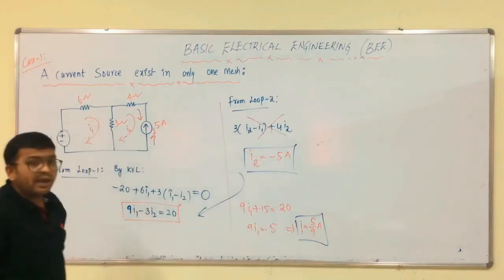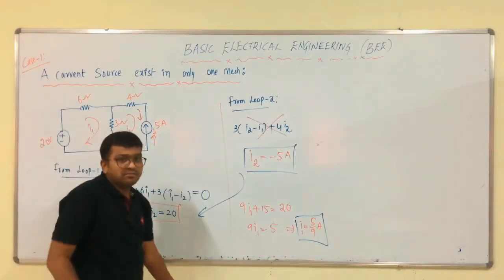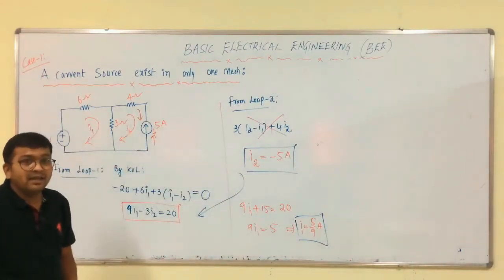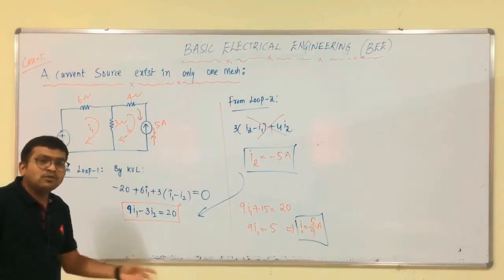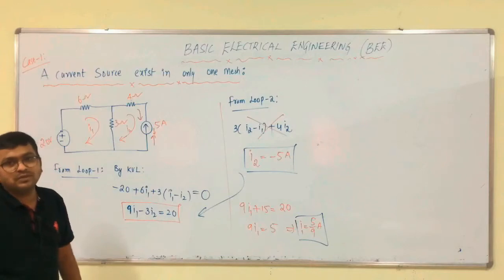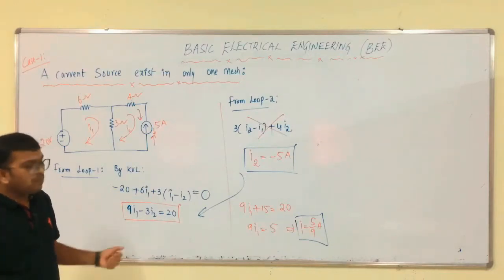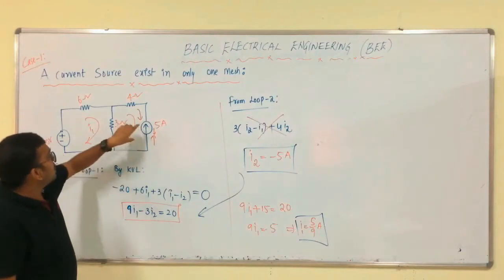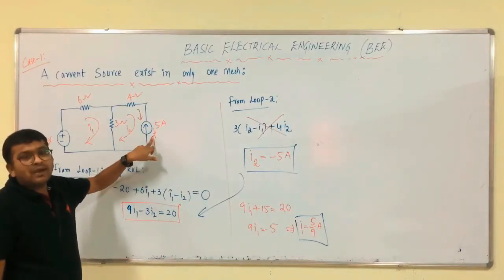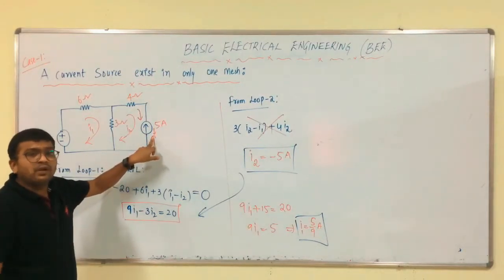I1 is 5 by 9 amps and I2 is minus 5 amps. So, like this we have to calculate the required variables, I1 and I2, up to I n if we have n number of loops. This problem and this case are very important. Simple: by looking at the current source, we write the corresponding loop current, that is it.